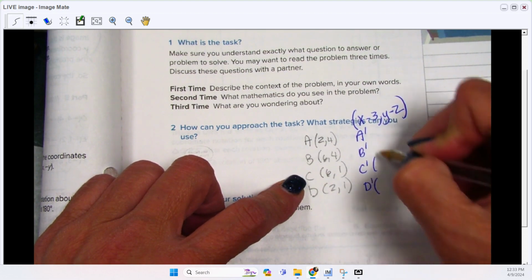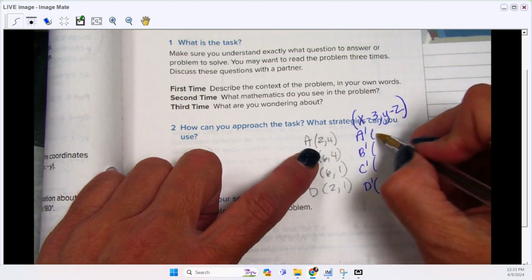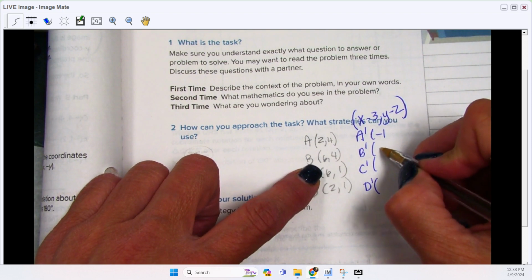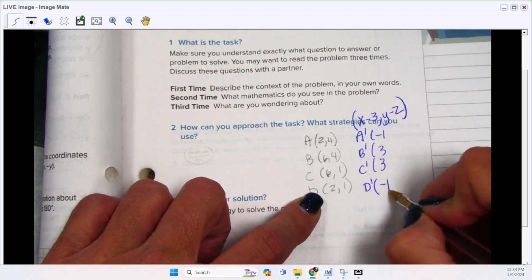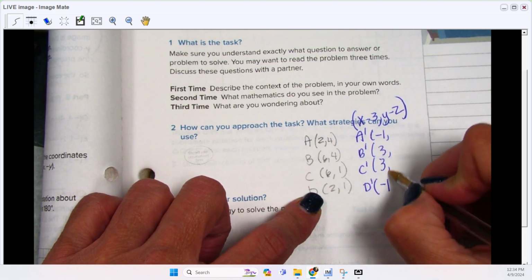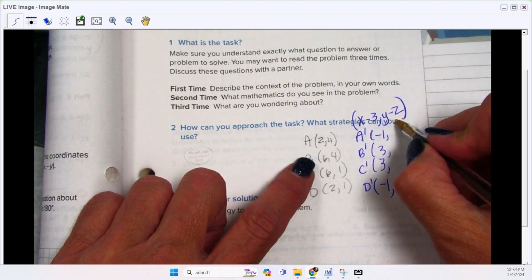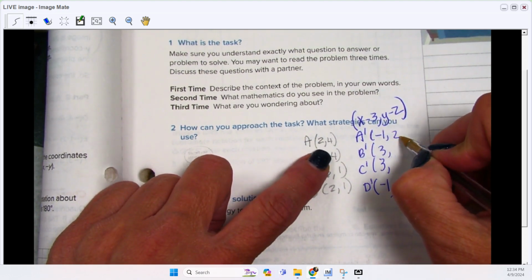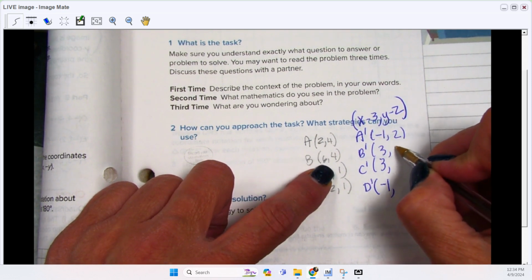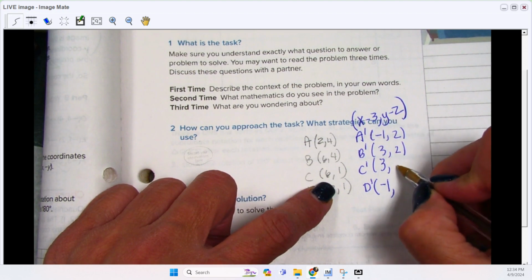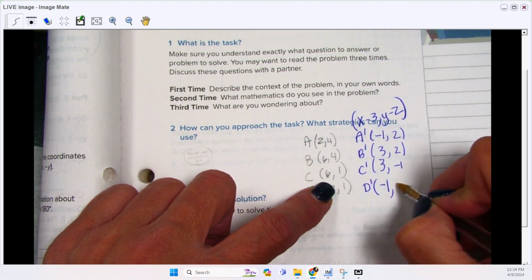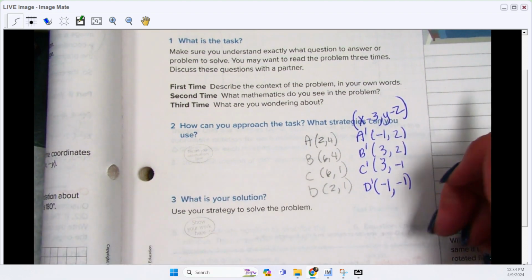Okay, I'm going to subtract 3. So that would be negative 1, 3, 3, negative 1. Then from the y values, I'm going to subtract 2. So that's going to be 2, 2, negative 1, negative 1. So let's look.